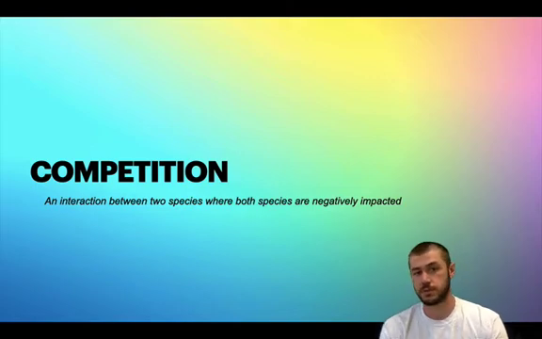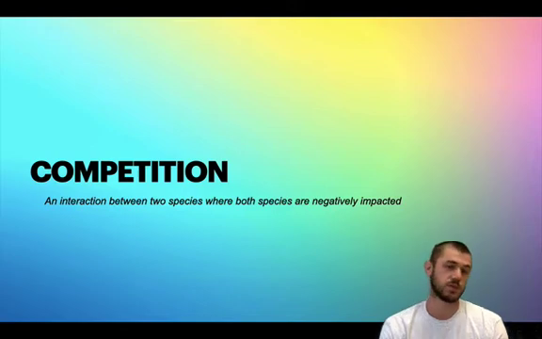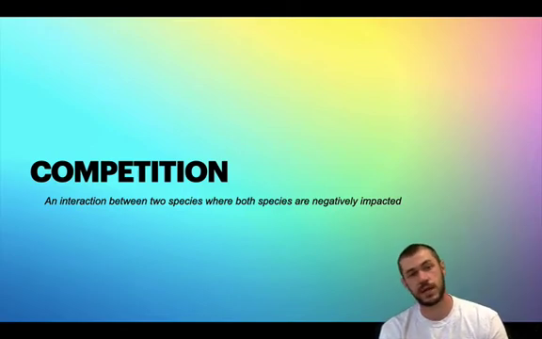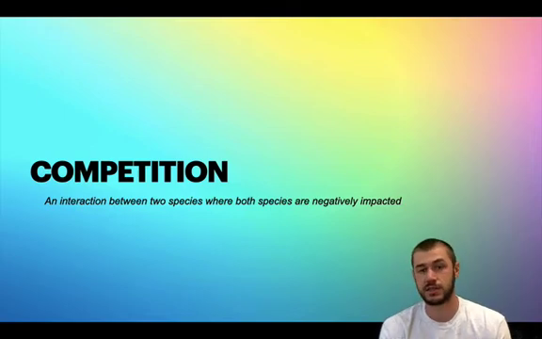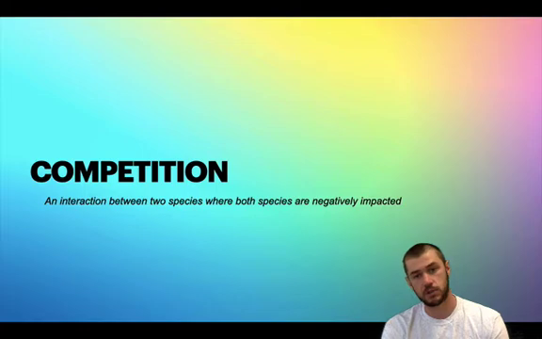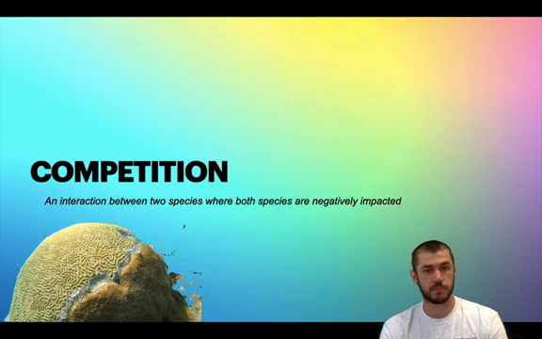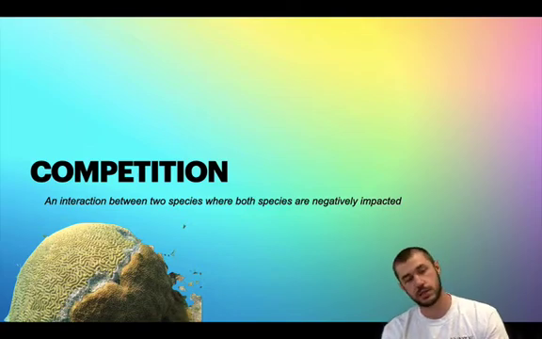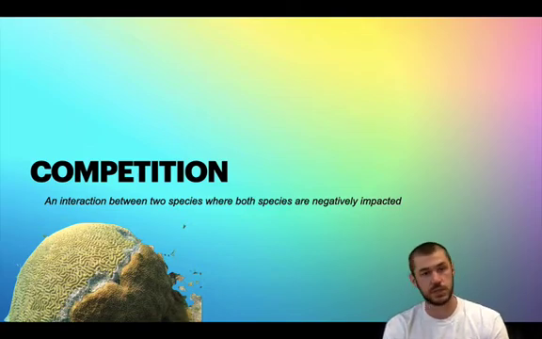Competition is an interaction between two species where both of them are negatively impacted. So with predation, one was positively impacted and the other was negative. In competition, it's a lose-lose, really, because you're spending calories and energy competing with another species for those resources. So this is an example with a big head of coral, where the brain coral is interacting with this other species of coral.